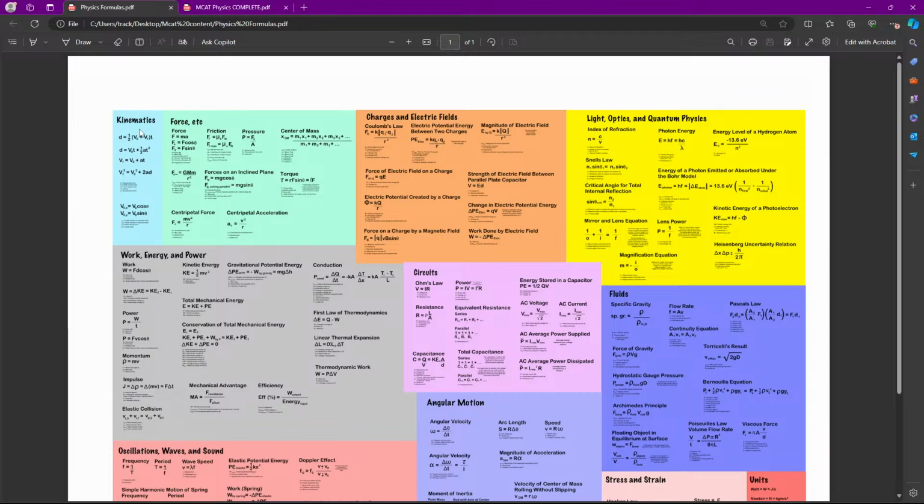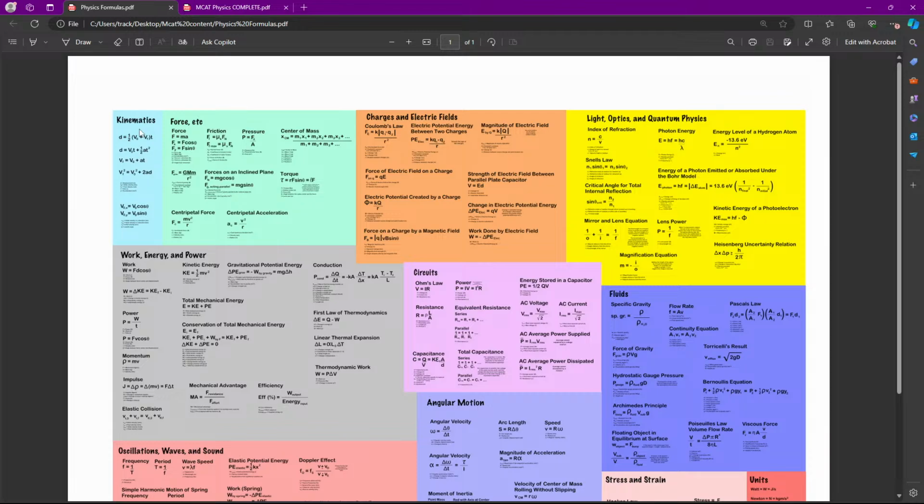Delta V, final is equal to V initial plus a times t. And then delta x is equal to V initial times t plus 1/2 a t squared.